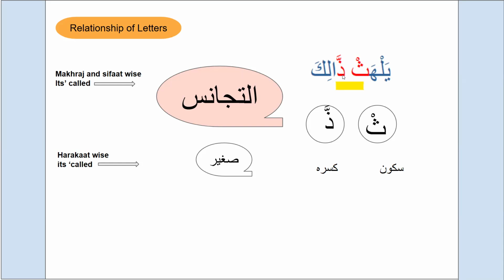So they share the same makhraj but are different in sifat. Therefore we say the relationship of these two letters from the makhraj and the sifat wise is tajanus. Tha will be merging into the dal when you read them together: يلهث ذلك. You will not be reading the tha because it has been merged into the dal.